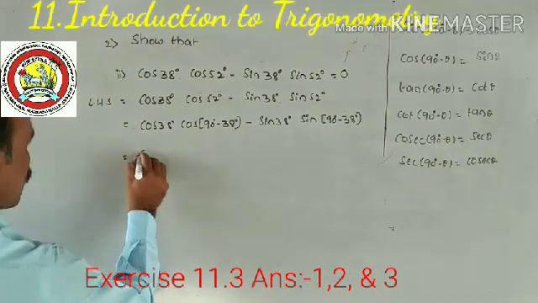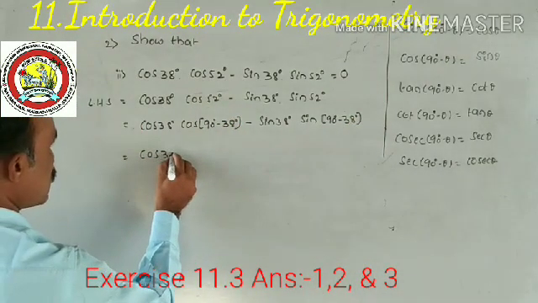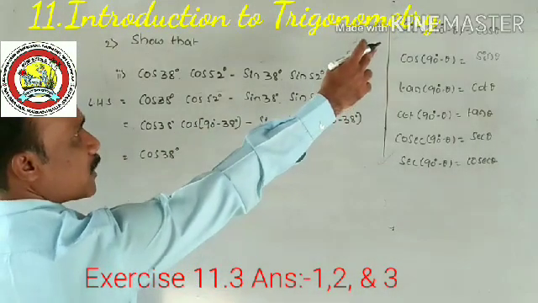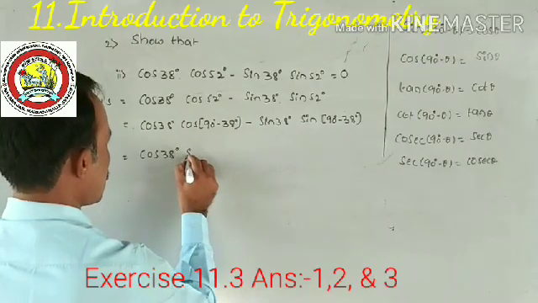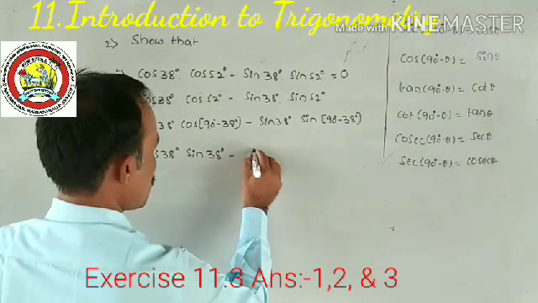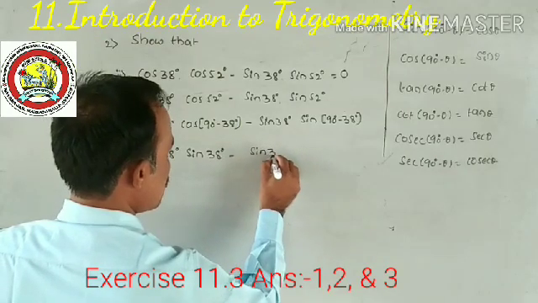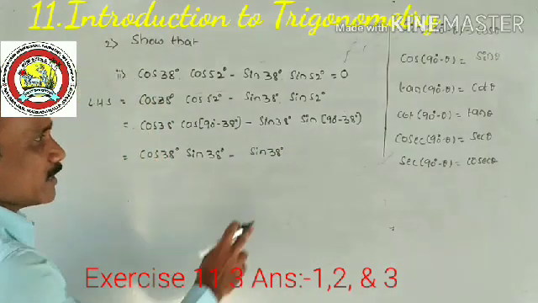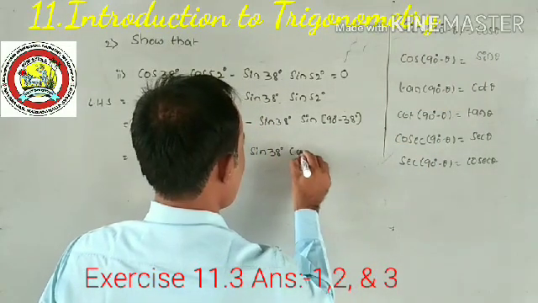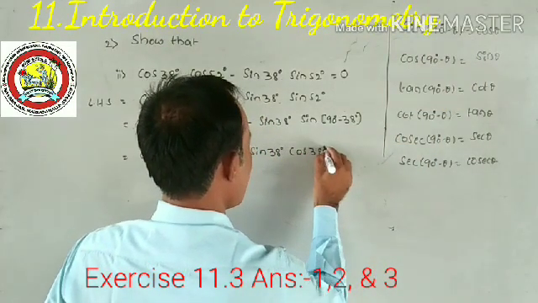So this is equal to cos 38 as it is. Cos of 90 minus theta is sin theta, that is sin 38. Minus sin 38 as it is. Sin of 90 minus theta, sin changes to cos, that is cos 38.